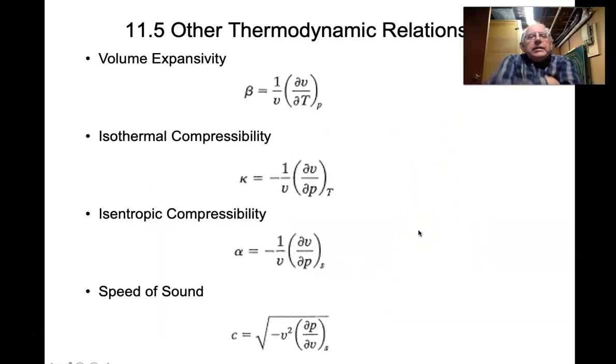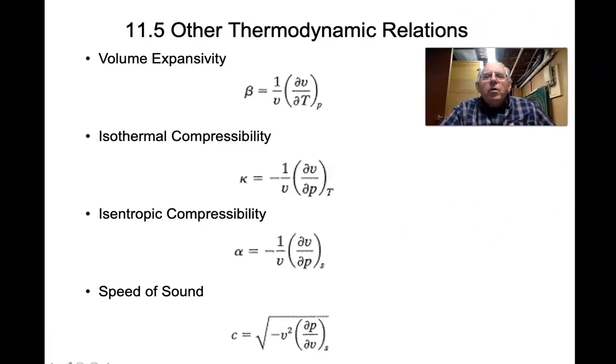Okay, in this next section, there are some other thermodynamic relationships that make sense to know. As we can see here, there are four of them shown. One is referred to as the volume expansivity, and it's designated as beta.